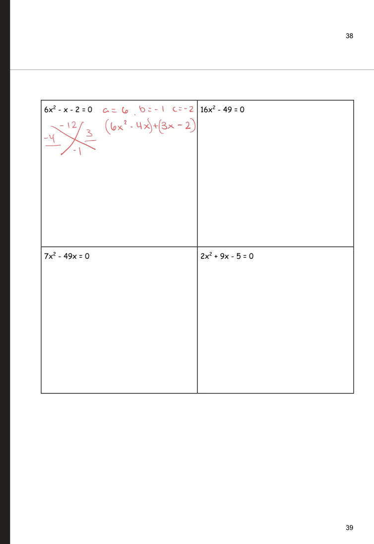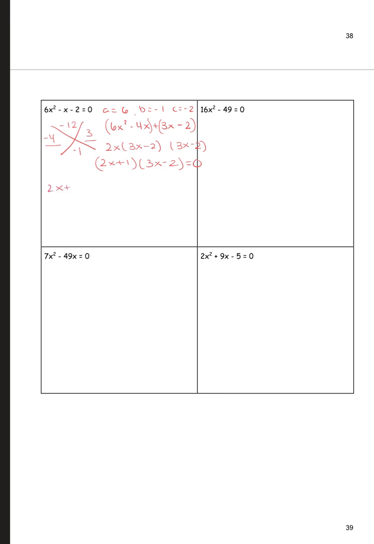The GCF of my first expression, I have 2x, which leaves me with 3x minus 2. And then my second expression, the only thing I can pull out is a 1. All right. So here we have my factors are 2x plus 1 and 3x minus 2. Remember, that's all going to be set equal to 0.